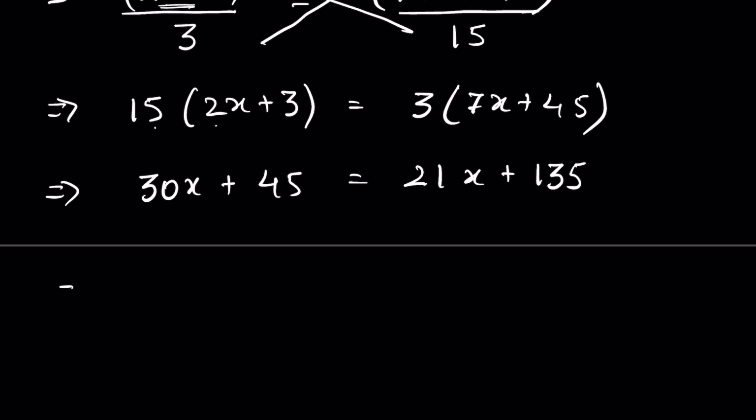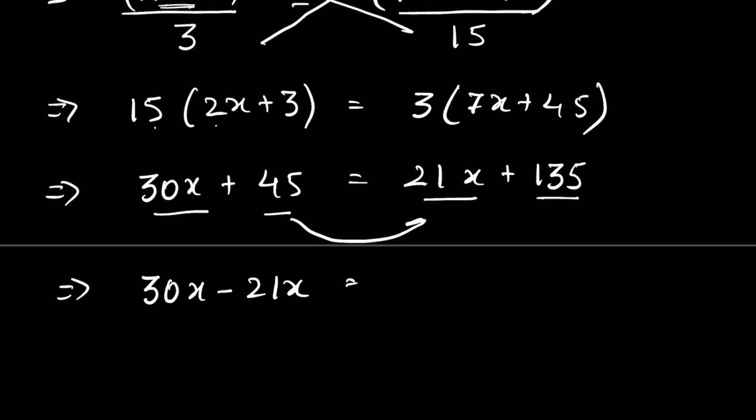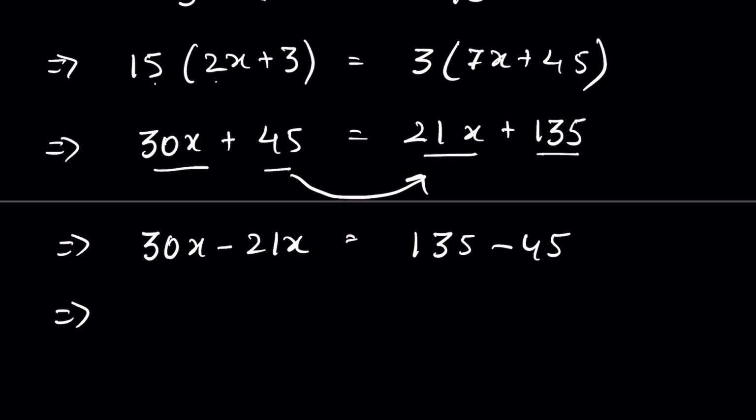Now you have a variable and a number, a variable and a number. We can send the variable to one side. So 30x minus 21x is equal to the number to one side, so 135 minus 45. 30x minus 21x is equal to 9x. 135 minus 45 is 90.